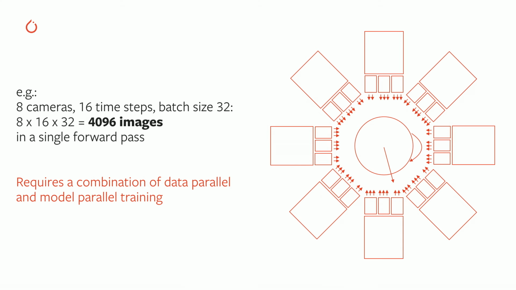So very quickly, your typical distributed data parallel will break because you can't hold this amount of activations in memory of a single GPU or even a single node. So a lot of our training potentially has to combine some elements of distributed data parallel, but also model parallelism and so on.